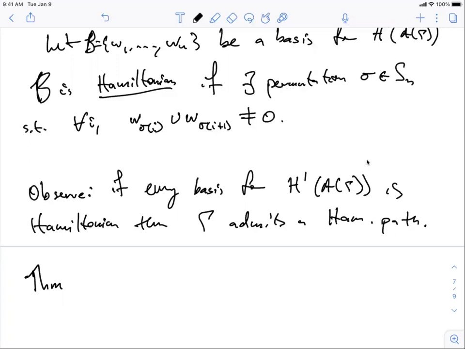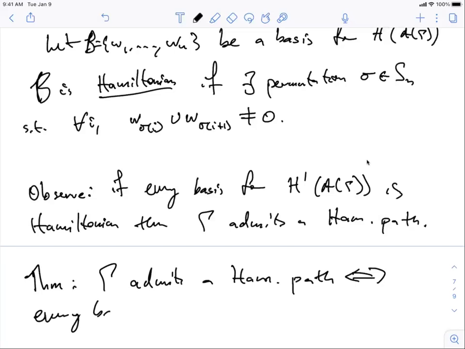So let me state the theorem and then comment more on your question: gamma admits a Hamiltonian path if and only if every basis for H upper 1 is Hamiltonian. If you wanted to say, maybe it suffices to just have one Hamiltonian basis.